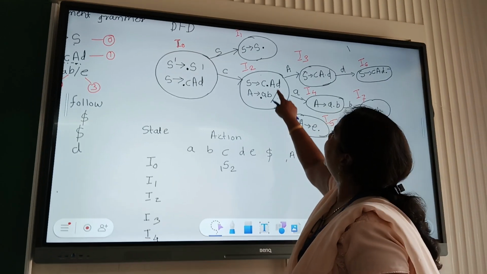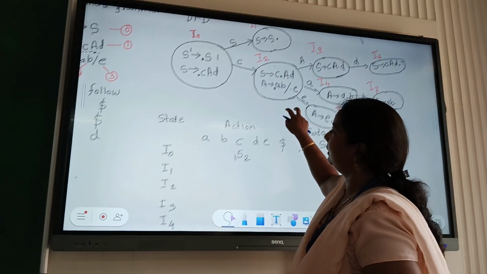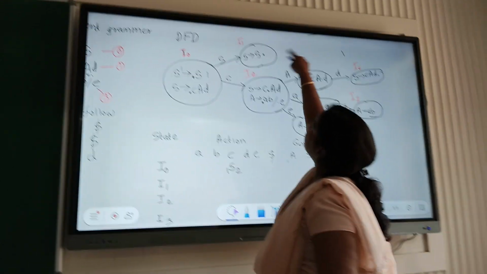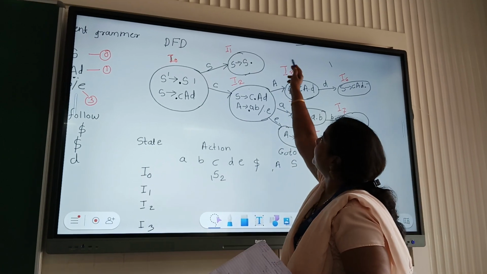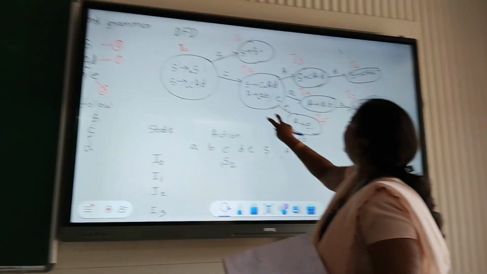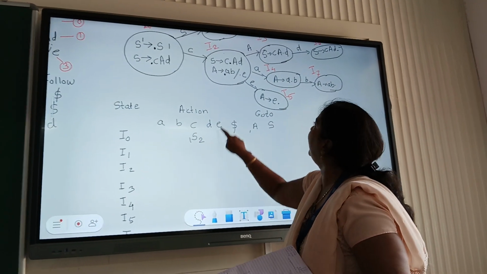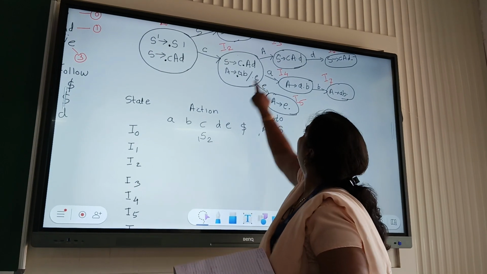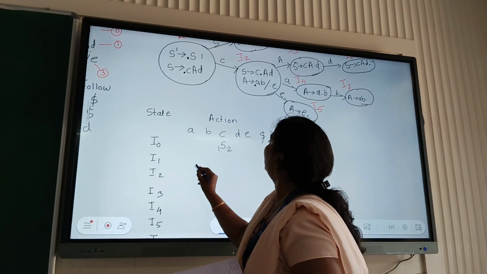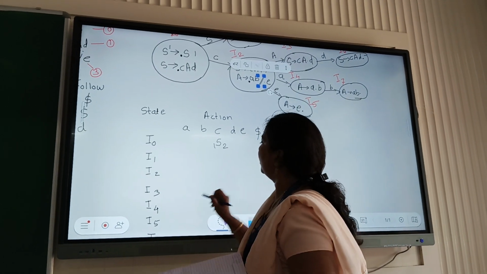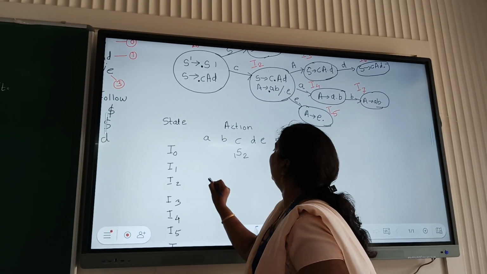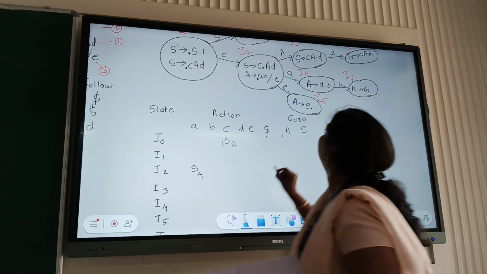Then whenever I go from I1, is there any DFT drawn from I1? No. From I2, small a and E. Small a goes toward I5. Where does the A of I2 go? To I4. I2 on A to I4 means S4.